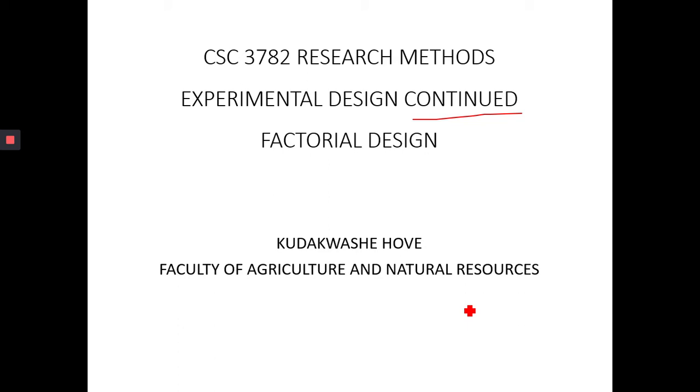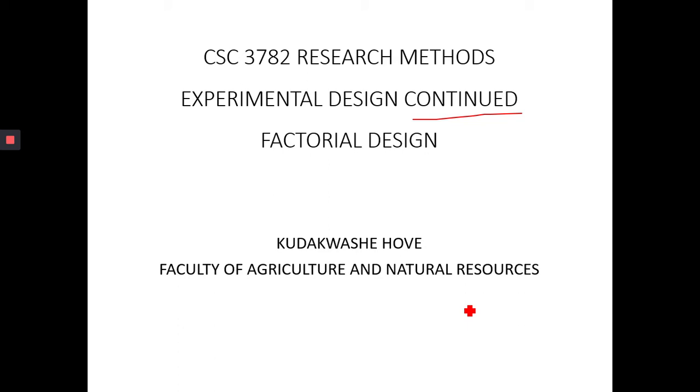I'm narrating this simply because today I shall be talking of factorial design. So in the same line, I want you to appreciate that you use a factorial design because of the situation that confronts us as researchers, as you shall see as we proceed.